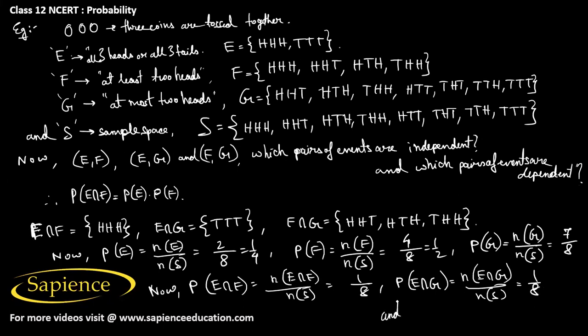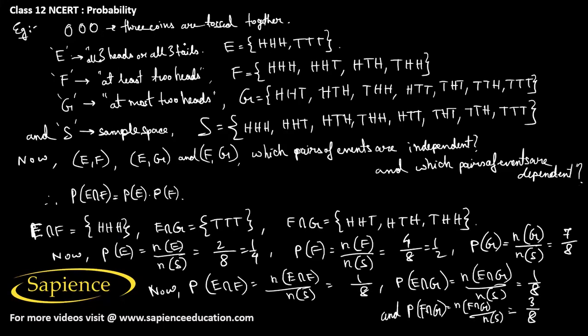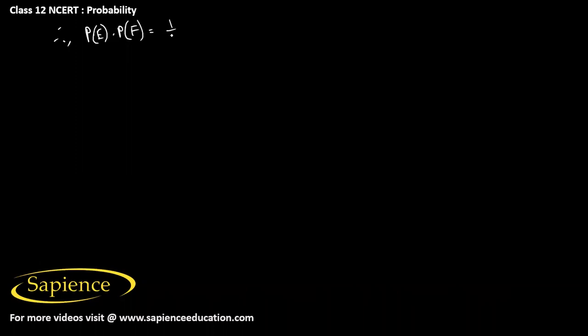And we need to also find the probability of the event F intersection G. That will be the number of elements in F intersection G divided by the number of elements in S, so that will be equal to 3 by 8. Therefore, now we need to find the value of P(E) times P(F). P(E) we got 1 by 4, times 1 by 2, that is 1 by 8.